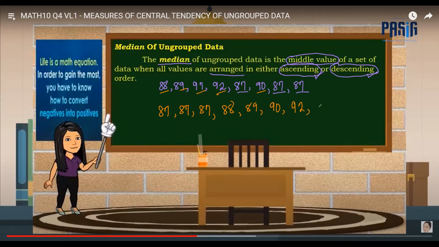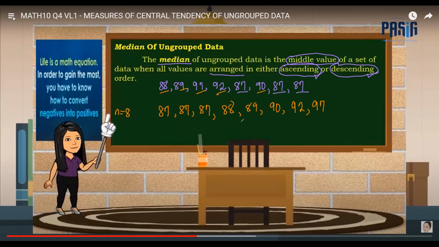And last is 97. So after that, we will have to get the middle value. So para makuha mo yung middle value, pwede ka namang magbilang. Kaya lang, as you can see, yung number of data natin, yung N natin, is 8. 1, 2, 3, 4, 5, 6, 7, 8. Total number of frequencies natin is 8.